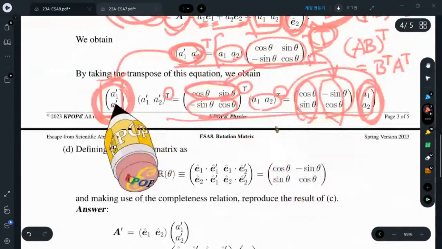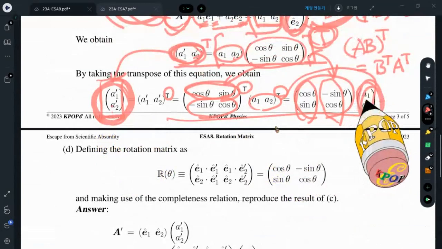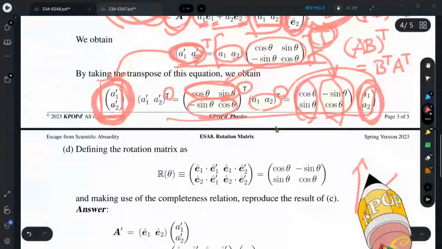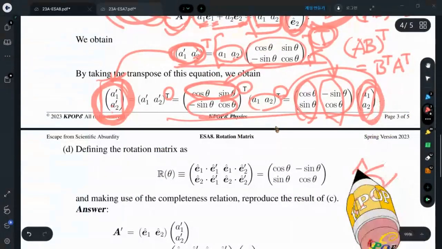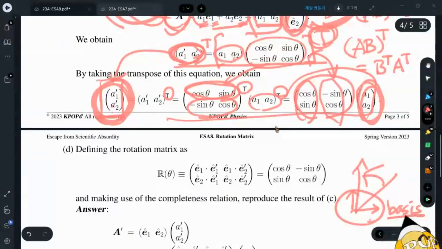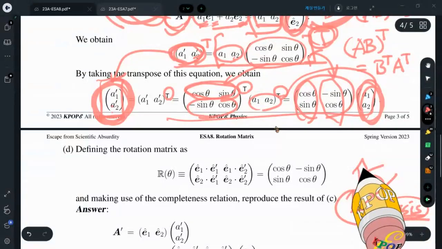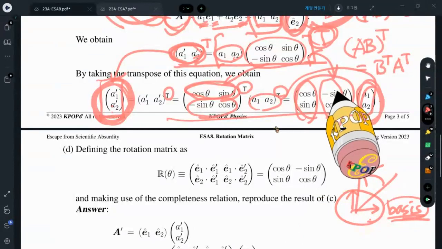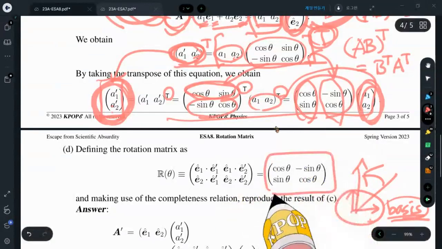Now, we have found how coordinates transform after a physical rotation. With respect to the old bases, we do not change the basis, we keep the basis, then the coordinates will transform, and that matrix is this.